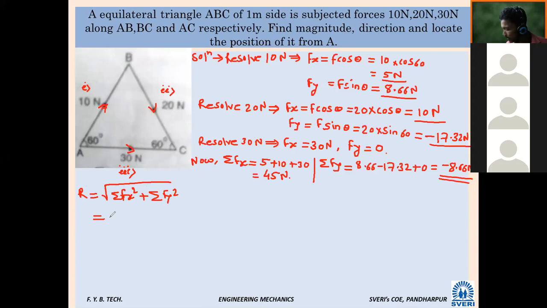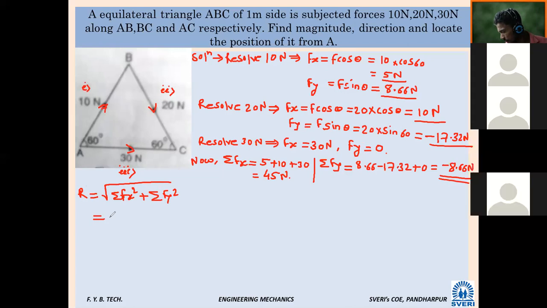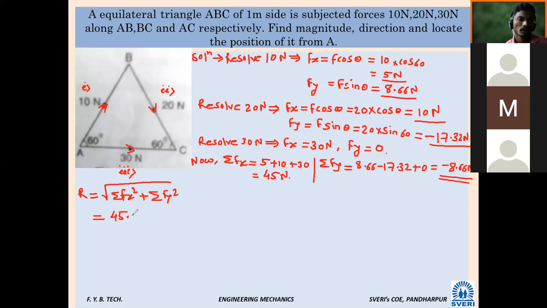Both values are with you. The answer is 45.82. Yes, sir.